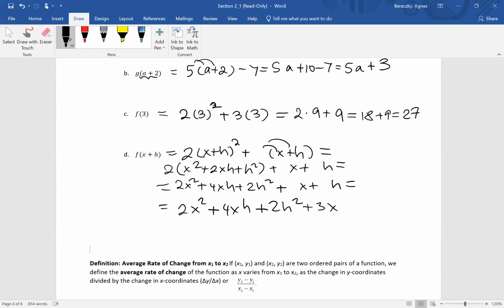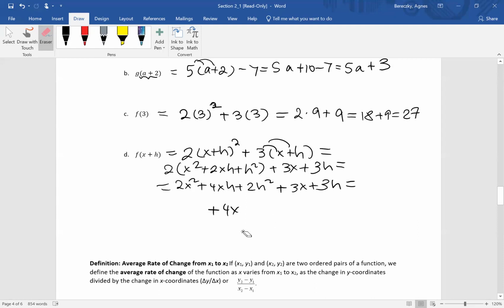There's a 3 in front: 3x plus 3h. I accidentally wrote it twice, so I apologize. Let's just quickly erase this. There we go.